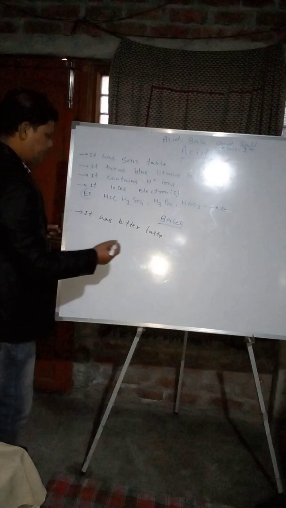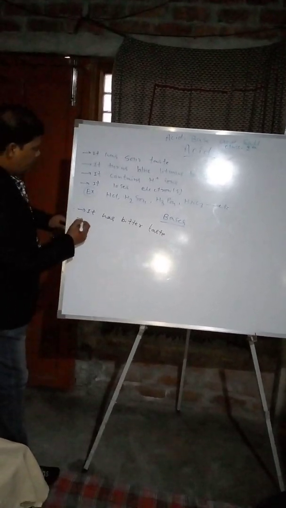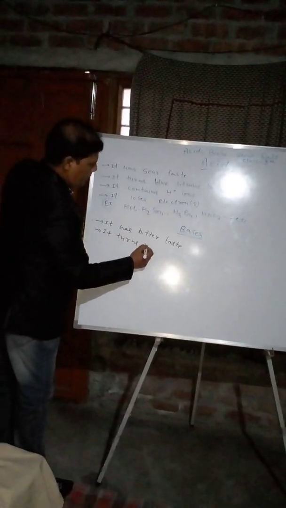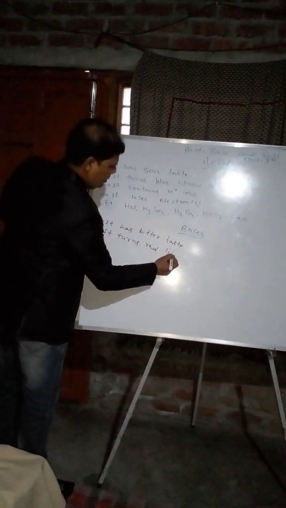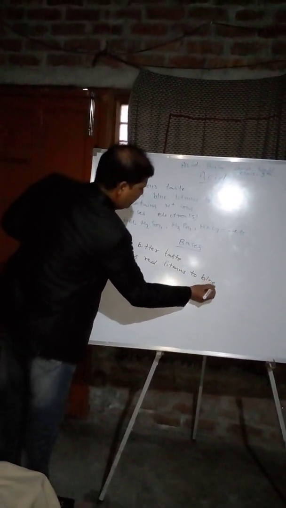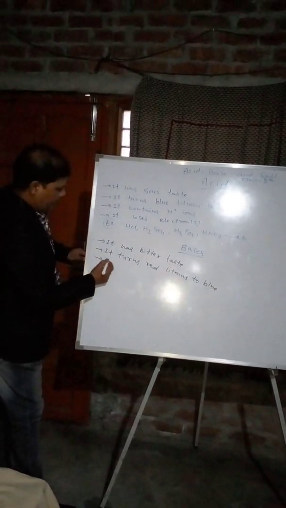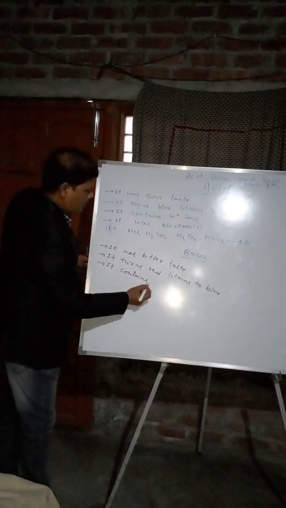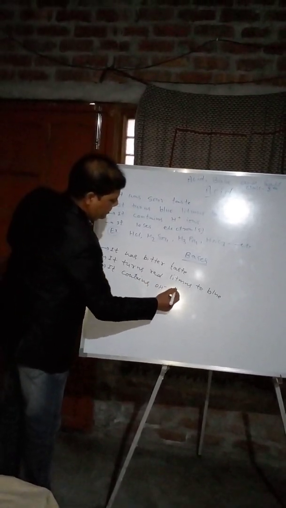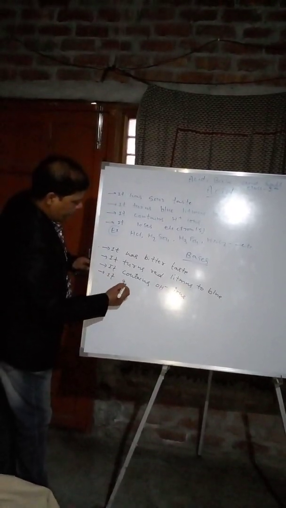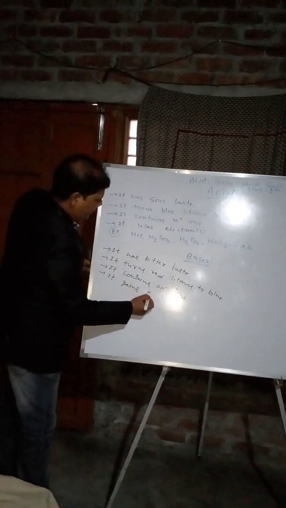And if we are talking about the base, it has bitter taste, it turns red litmus to blue, it contains OH minus ions and it gains electron or electrons.